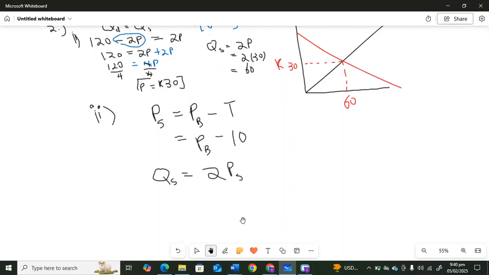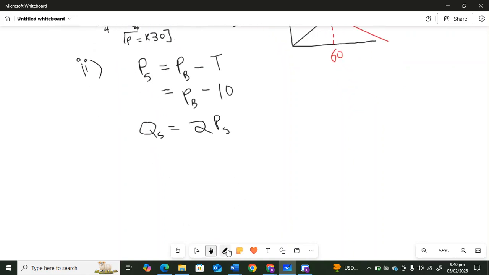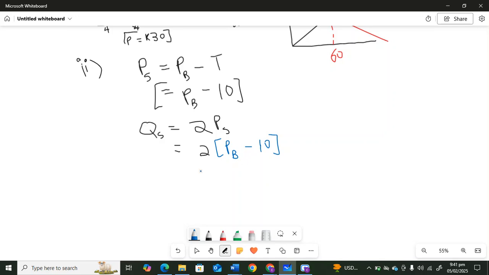Okay, so where were we? We substitute PS with this equation here, PB minus 10. So it's going to be QS equals 2 times PB minus 10. So we just expand.